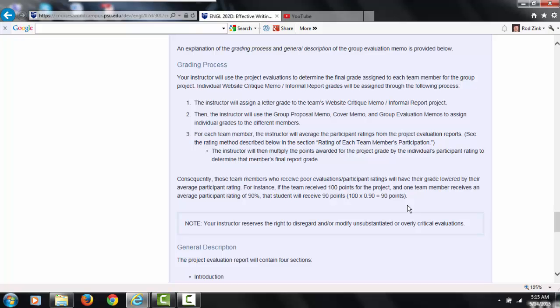After determining the group assignment base grades, the instructor then calculates the average rating given to each group member based upon the evaluation the group members rate one another.